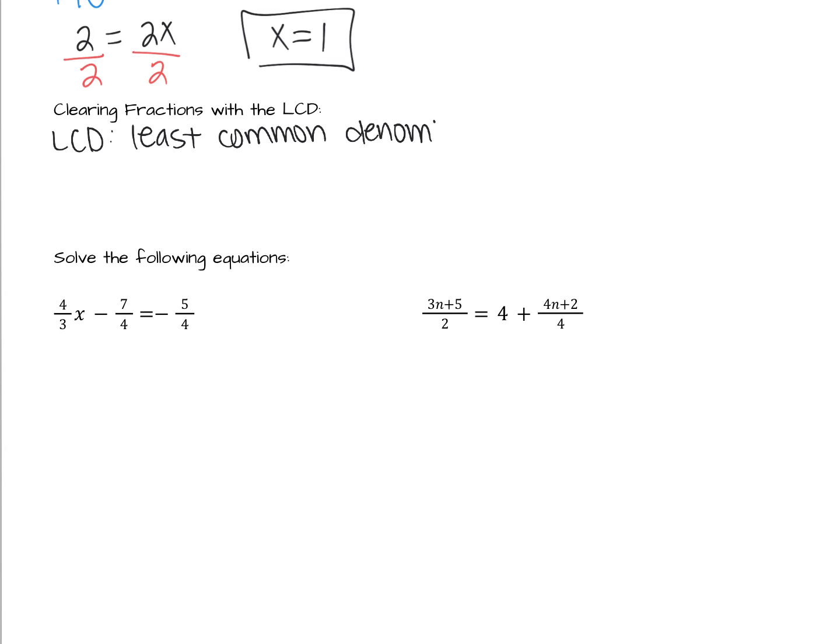What that means is it's the smallest value that, when I multiply everything by the LCD, gets rid of the fraction. So what we do is we multiply the equation by the LCD to clear our fractions.